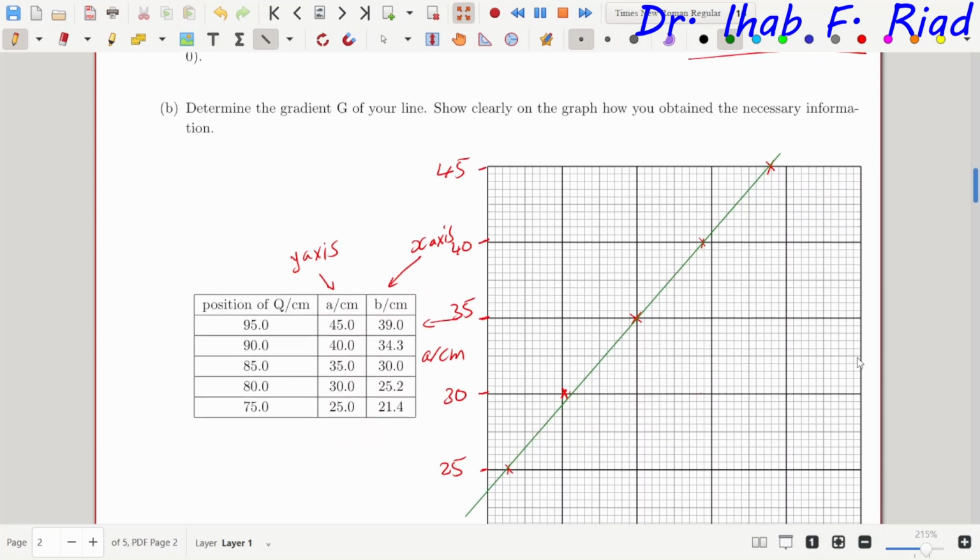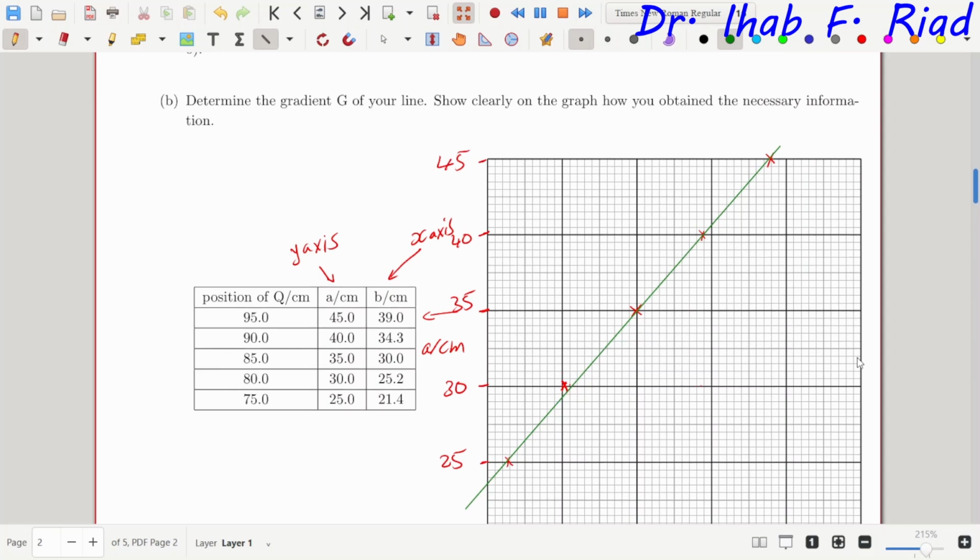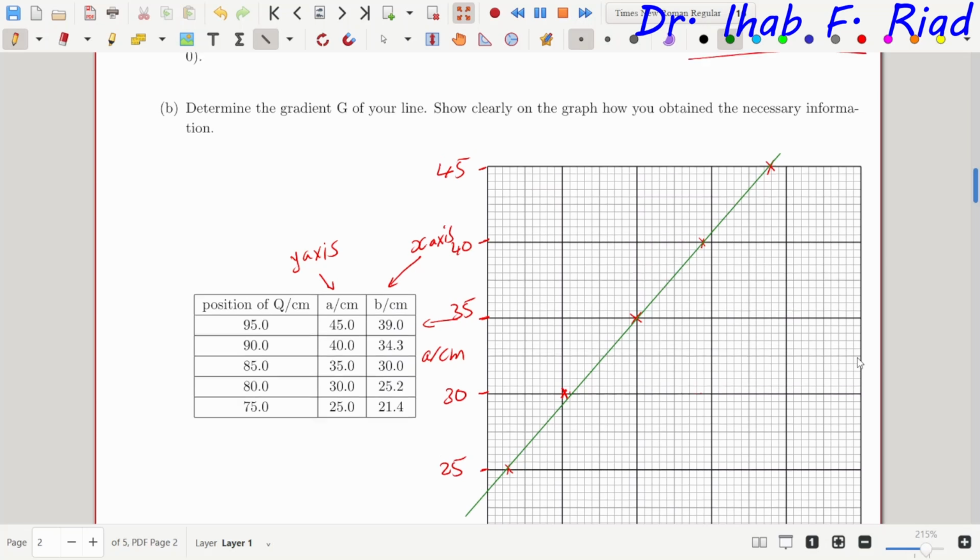Okay, the triangle needs to be of an appropriate size. Okay, it shouldn't be small, but it should be large enough. For example, like this.